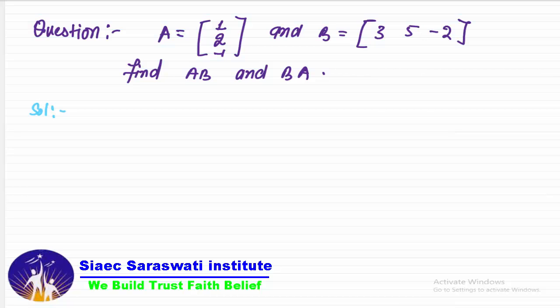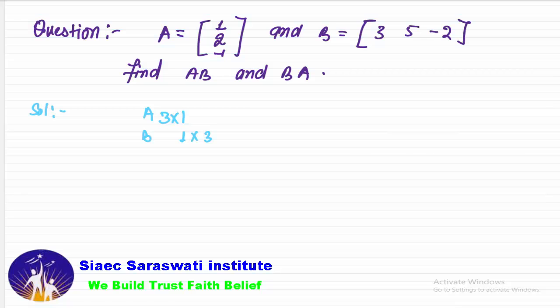So here the order of matrix A is 3 rows and 1 column, while the order of matrix B is 1 row and 3 columns. Okay, so this condition is satisfied.